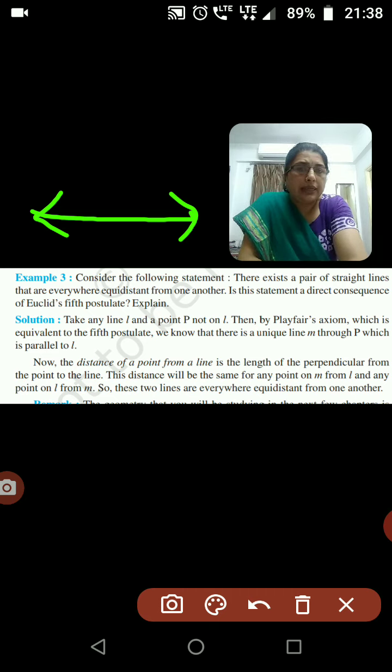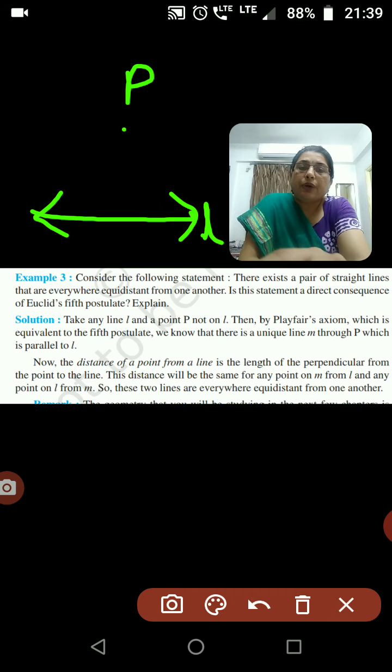If this one line is there and one point is there in this plane, then with the help of Playfair's axiom, which you used in 8th standard to construct a parallel line, we draw a line through this point P. Suppose we call this line L and this point P.